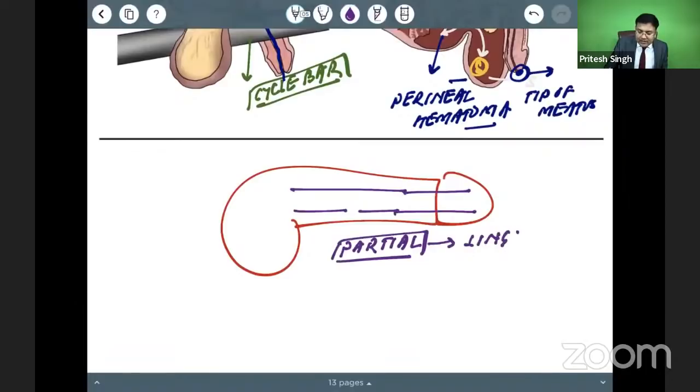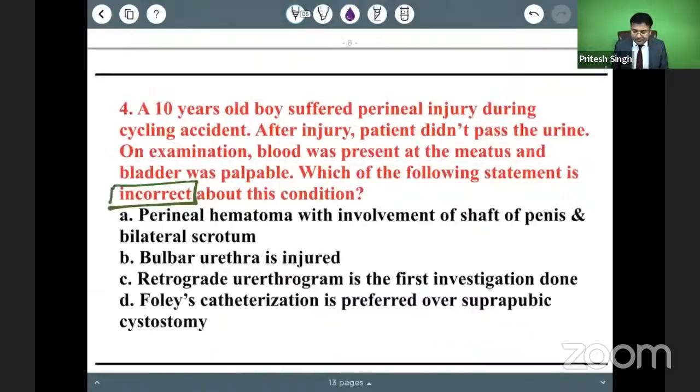Only a single gentle attempt with the smallest possible catheter, so that the partial tear heals over the catheter and the catheter acts as a stent. Otherwise, no need to go for catheterization. Simple concept, clear.